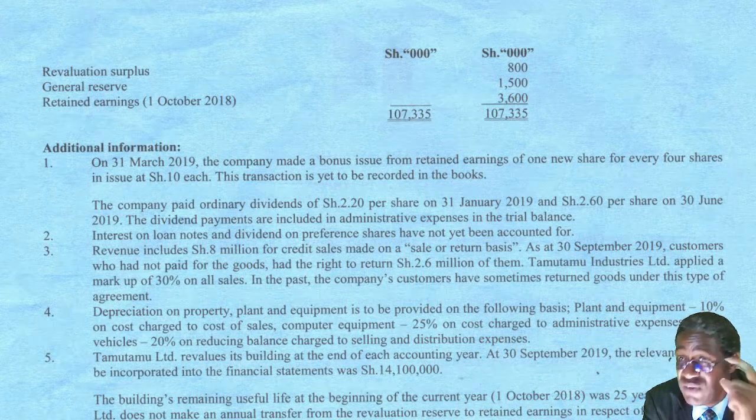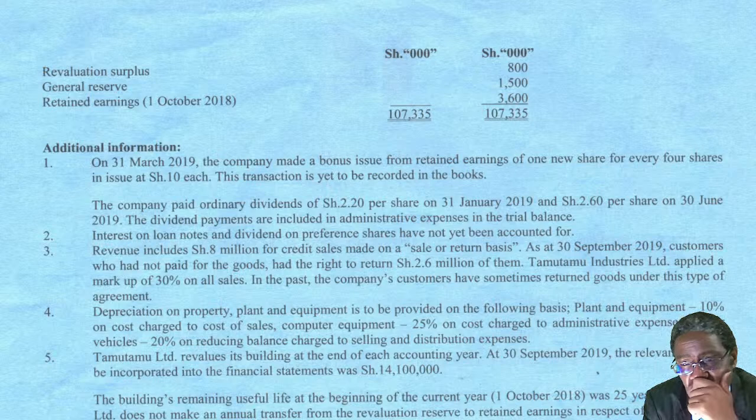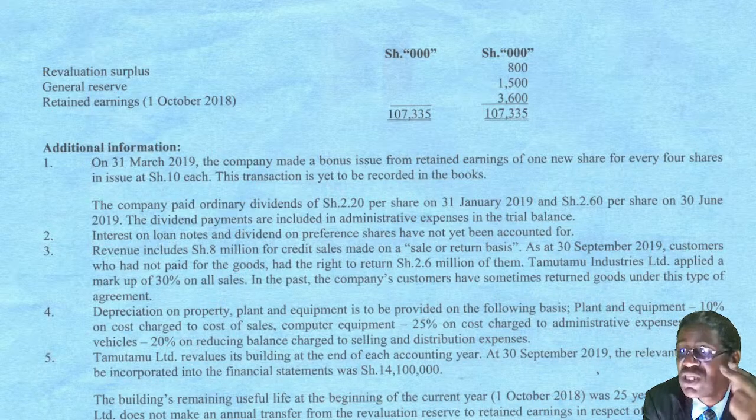The first dividend, listen, the first dividend was paid on 31st January 2019. They paid at a rate of 2.2 per share. The second dividend was paid on 30th of June 2019.